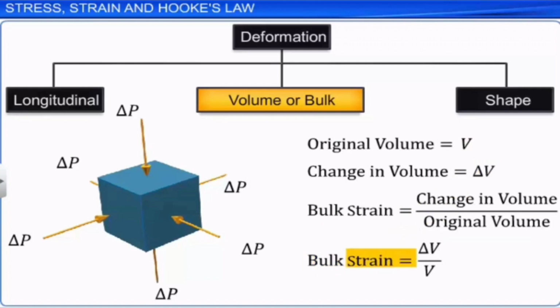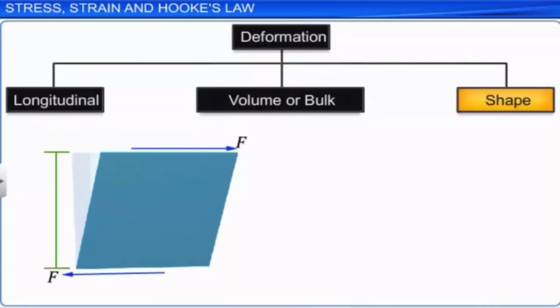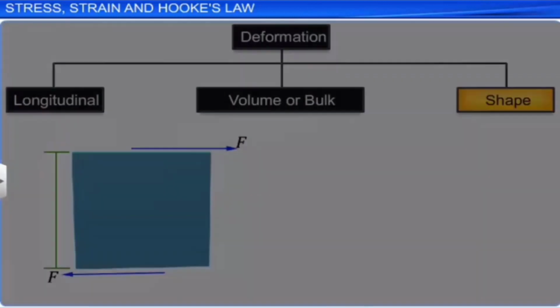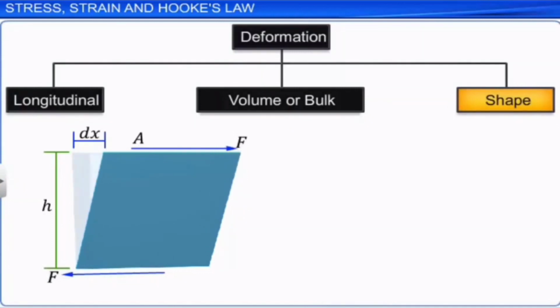When a force is applied to the top surface of the body tangential to it, the top surface is displaced laterally with respect to the bottom surface by length dx. Simultaneously, the vertical face of the body, normal to the direction of the force applied, is tilted through an angle gamma from the vertical. If the vertical height between the two horizontal surfaces is h, then using the geometry of the right triangle, we get tan gamma equal to dx by h.